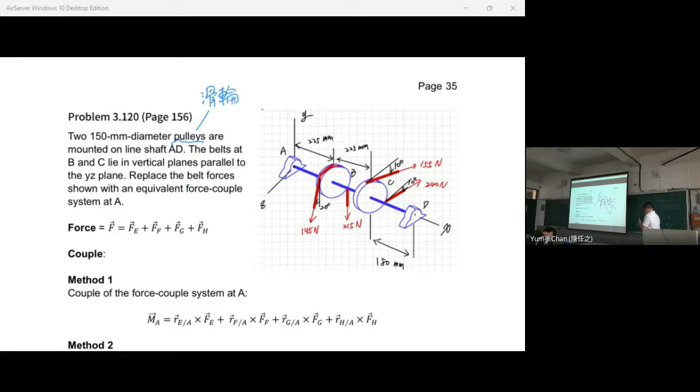And of course, we have belts here. On the belts, we have four forces, and we want to replace the belts.